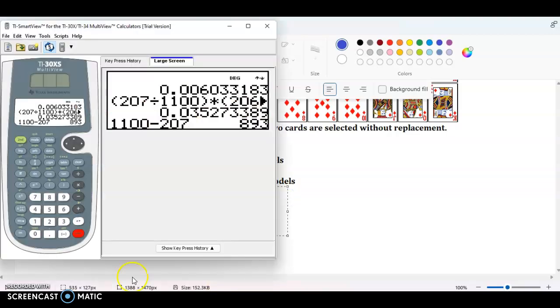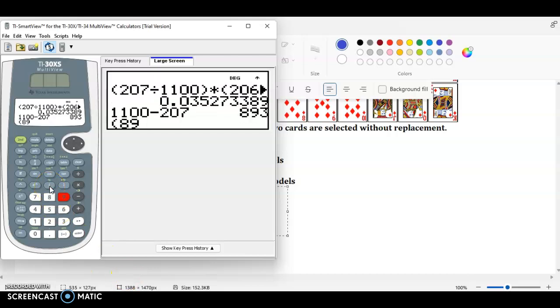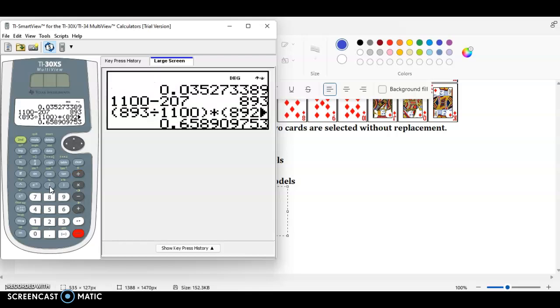Okay, let's go input that into your calculators. So 893 out of 1100 multiplied by 892 divided by 1099. Okay, so it's a much higher chance, so 0.6589. Rounding to 3 decimal places, that 8 will get rounded up to a 9, so 0.659.